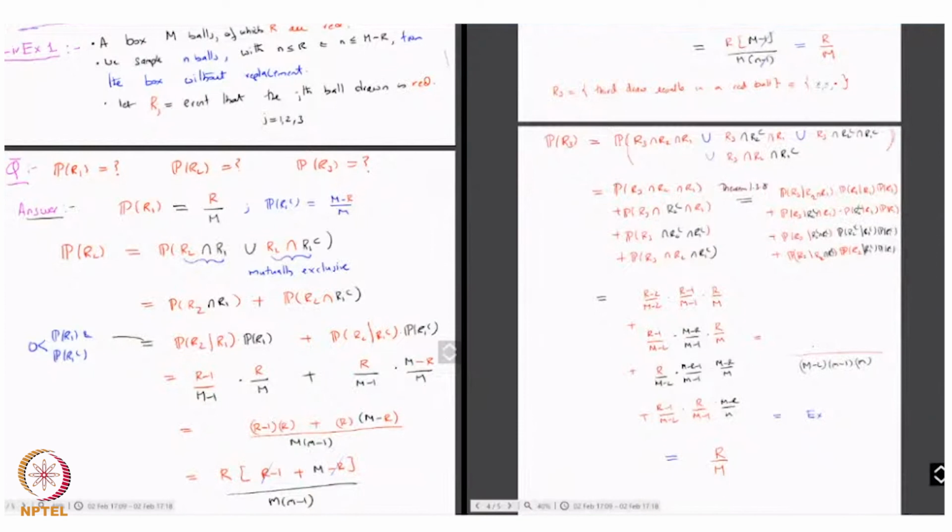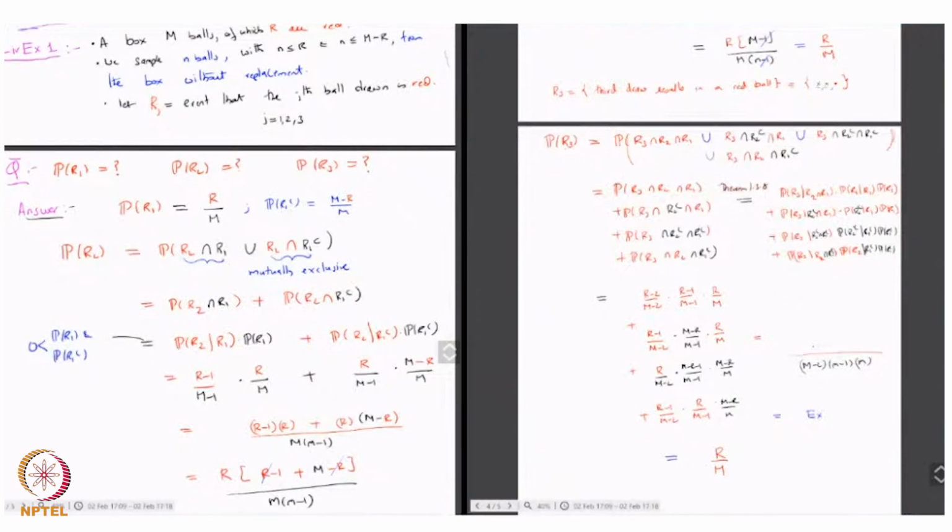Quite cool. So the idea is that you will always pick a red ball with r by m. So even though you're doing this without replacement, it doesn't affect the chance of how the red ball is chosen. It's an intricate part of the experiment. That is, even without replacement, the chance of picking a red ball is always going to remain as r by m.